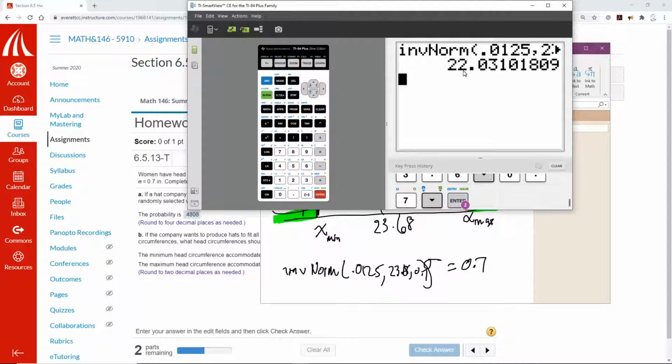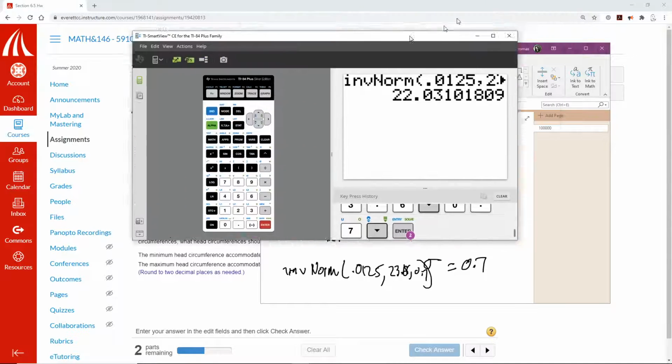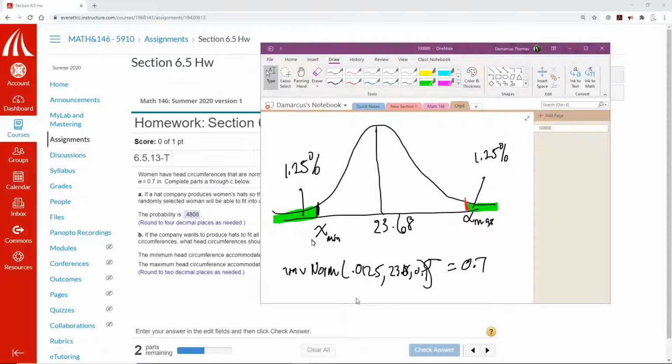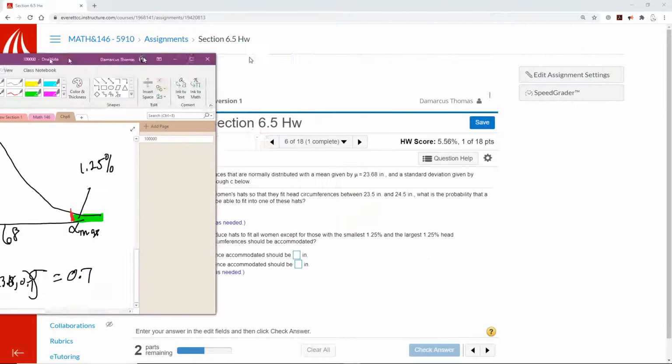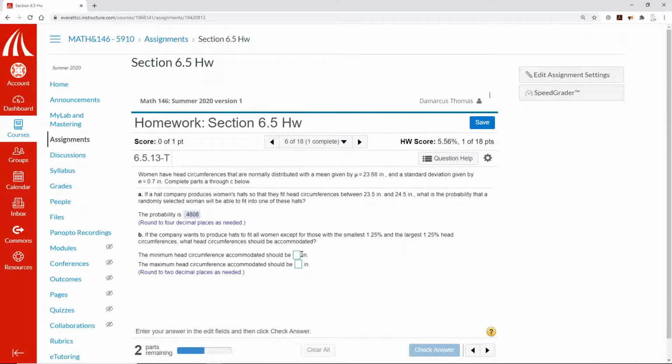And I get 22.03 for my minimum. So if your head is 22.03, you are in the lowest 1.25 percentile. The bottom 1.25%. Let's test that out.